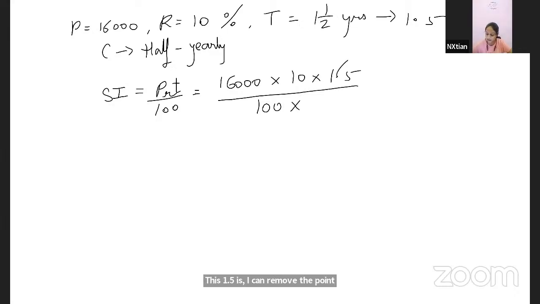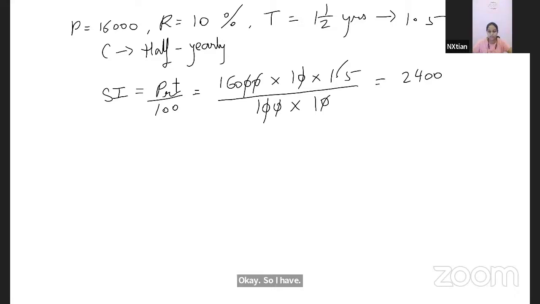It will become 24,000. No, it will come to 2,400. Okay. Now cancel all the zeros. 2,400 we will get. Okay, so I have simple interest.